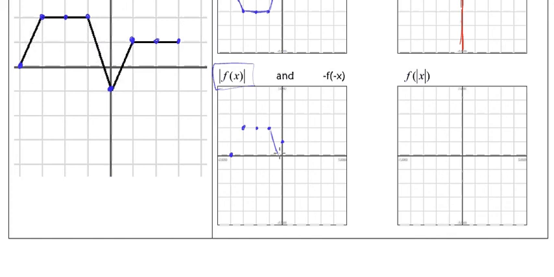It's just now the negative values are made positive, so it bounces back up. Then it bounces back to, looks like it's going to be 1/2, and continues on. So anything that was below the x-axis has been reflected up, and it's all been made positive now.